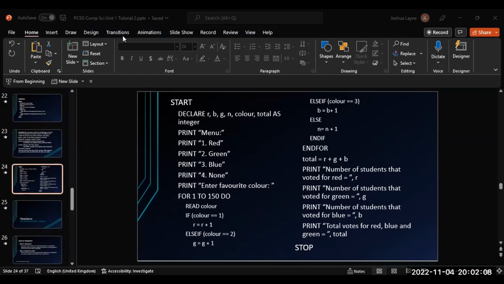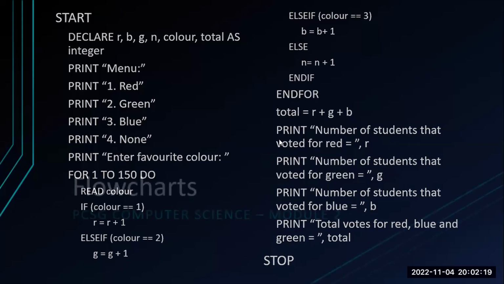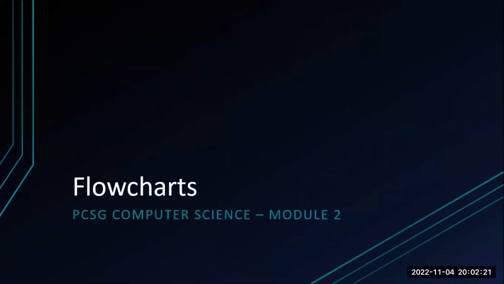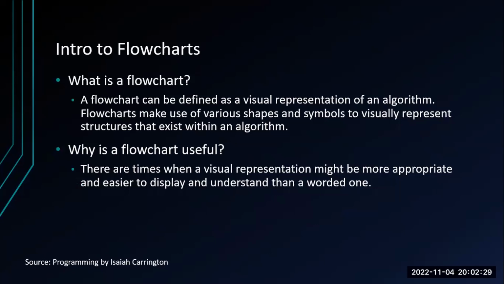I don't have much editing to do from here out, so I'll go into the slideshow. All right, so I'll be giving you a brief introduction into flowcharts, which is also something that you are going to need to know for programming in general.